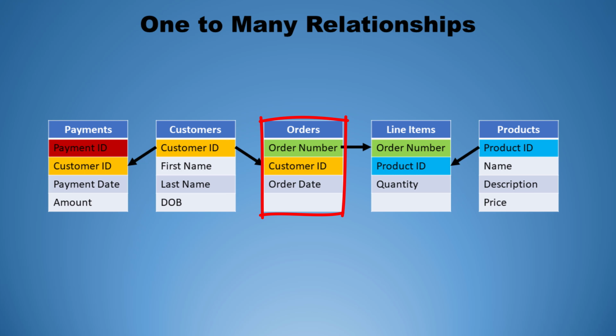Each order row contains a unique order number. All of the line item rows with the same order number relate to the same order row. Each line item row with the same product ID relates to the same product row. Each products row contains a unique product ID which relates to the many rows from the line items table.